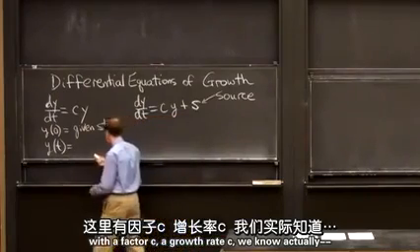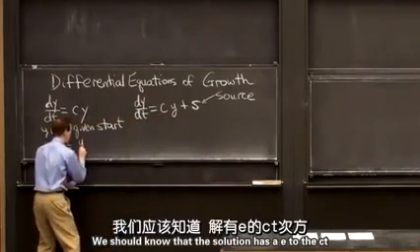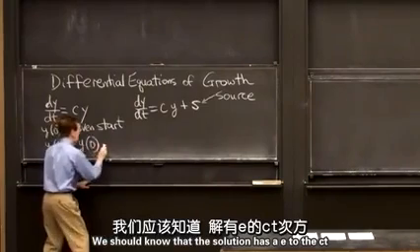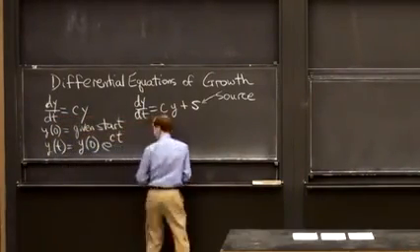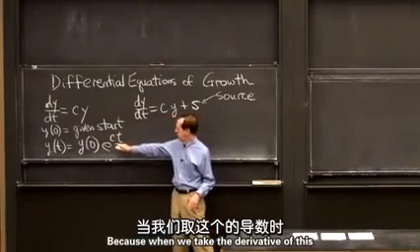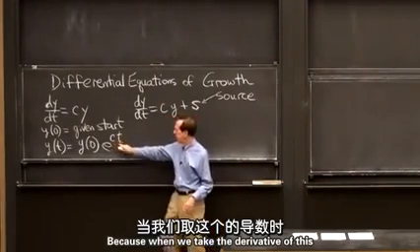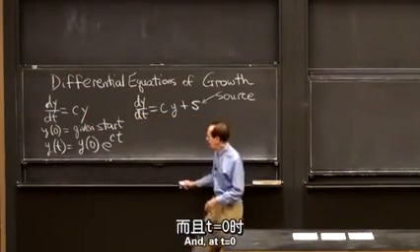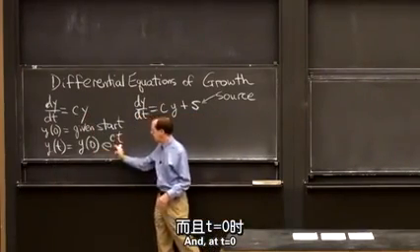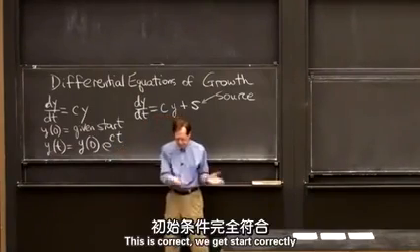We should know that the solution has an e to the ct, because when we take the derivative of this, it will bring down that factor c that we want. And at t equals 0, this is correct.